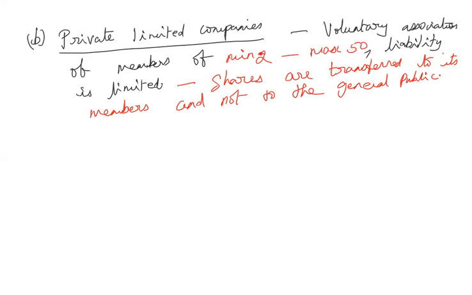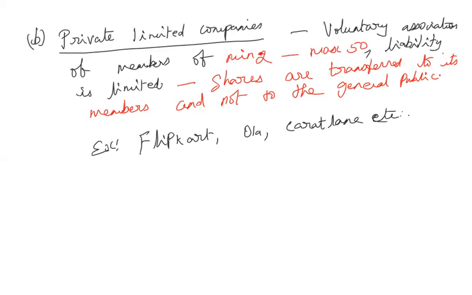Some examples of private limited companies are Flipkart, Ola, and Carrot Lane. They all come under private limited companies.